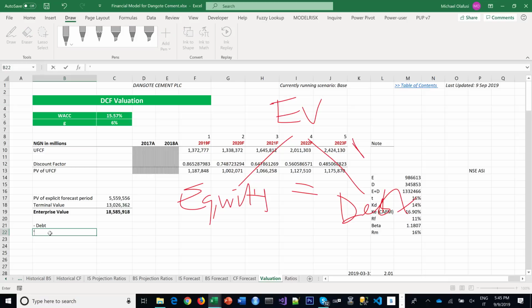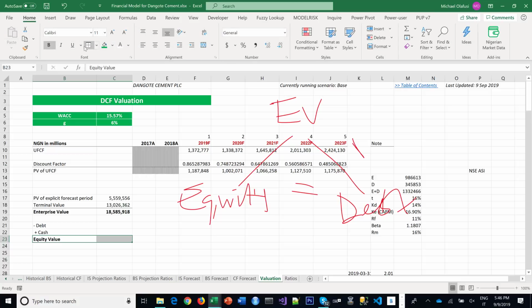Then typically, equity guys own the cash too. So I'll have to add back the cash at hand, and that will give me the equity value. I'm going to take out the debt. Luckily we have it here, so I don't have to go too far. I'm going to add the cash.